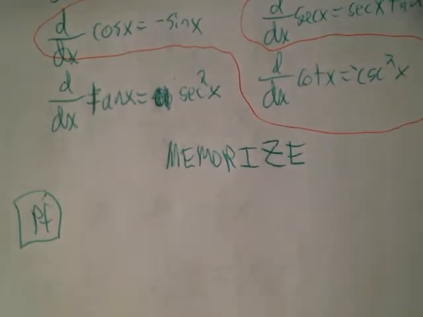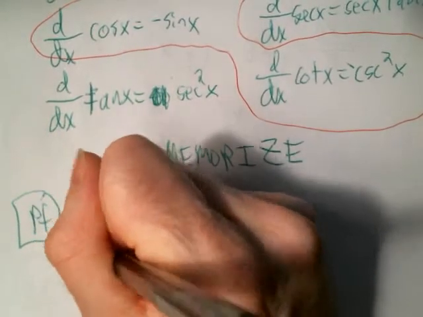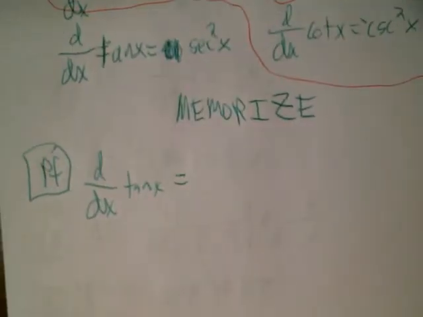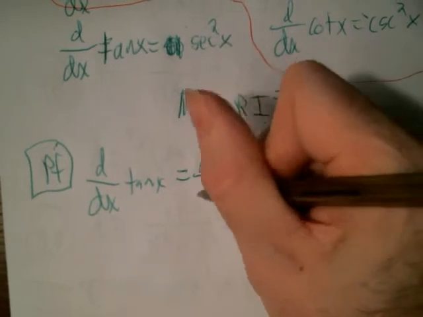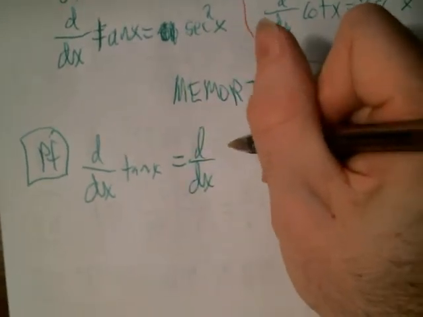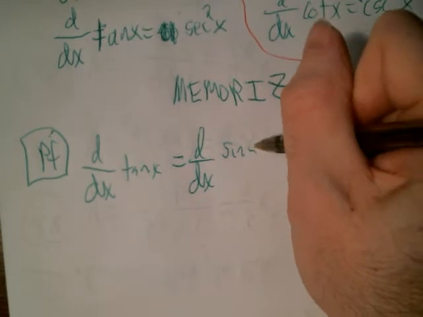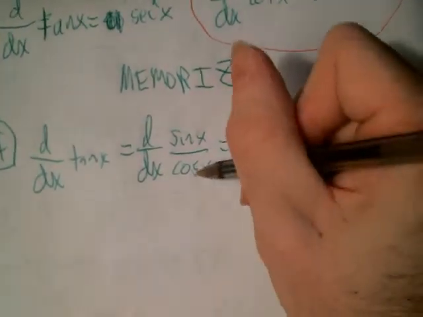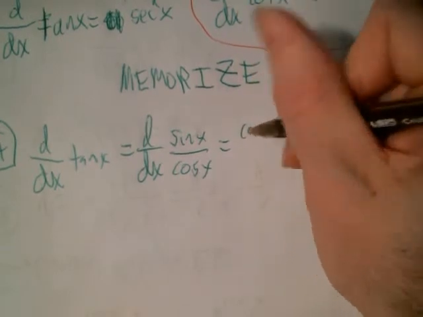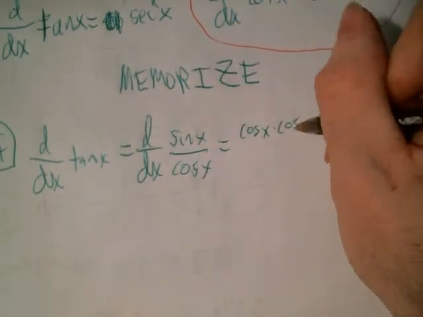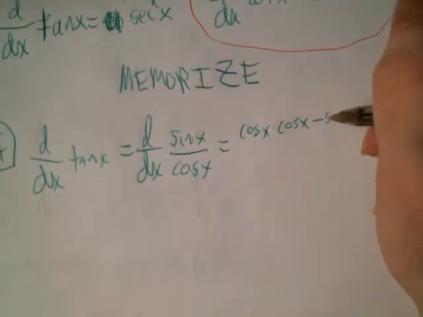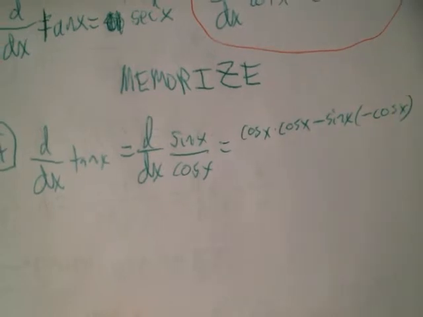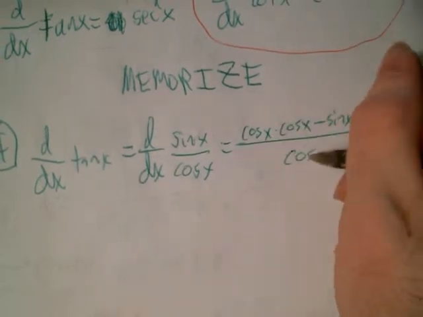In particular, let's try the tangent. So the derivative with respect to x of tan x. Why is that secant squared? Well, you can rewrite it as the derivative of a quotient, right? So the derivative of tan is the derivative of sine x all over cosine x. And then it's low d high minus high d low. So low times the derivative of the high minus high times the derivative of the low, all over the low squared.